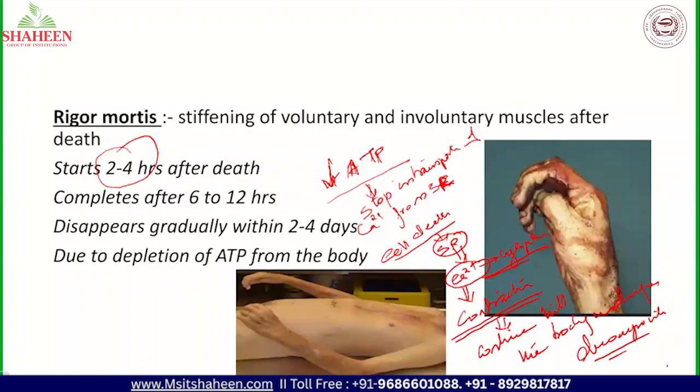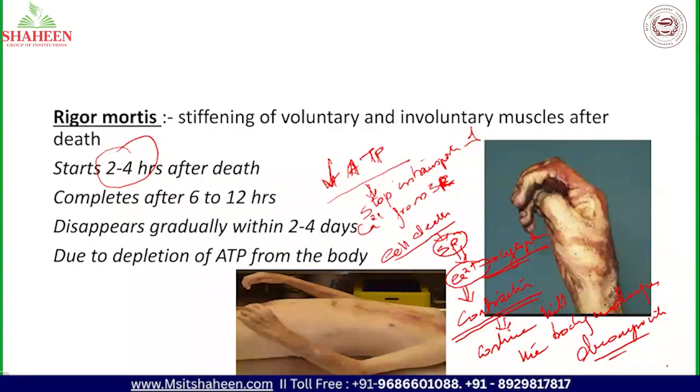Got it? So this process is known as rigor mortis. That means after death, the body undergoes stiffness and the muscle undergoes contraction. We already know that ATP is an important factor for the contraction of the muscle, but the person is dead and there is no ATP in our body.